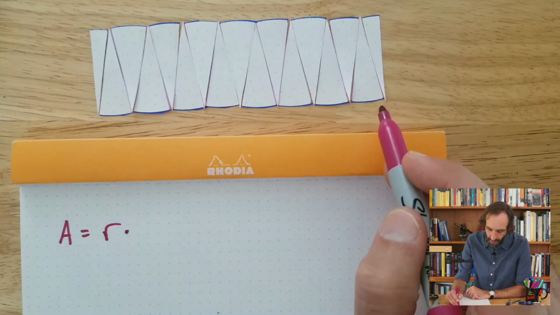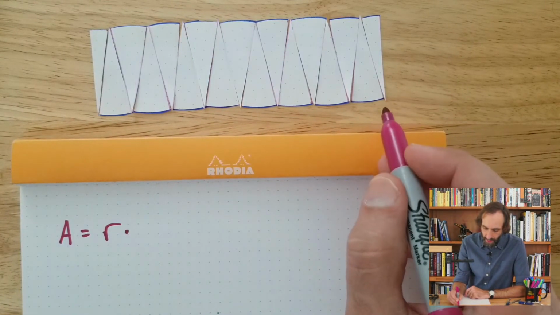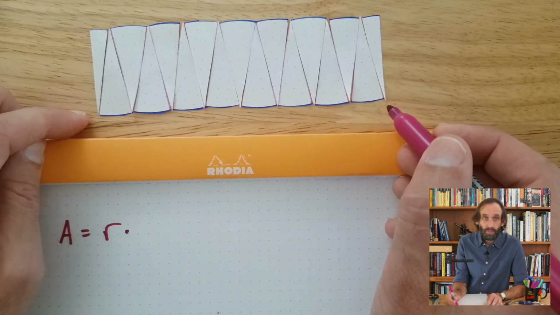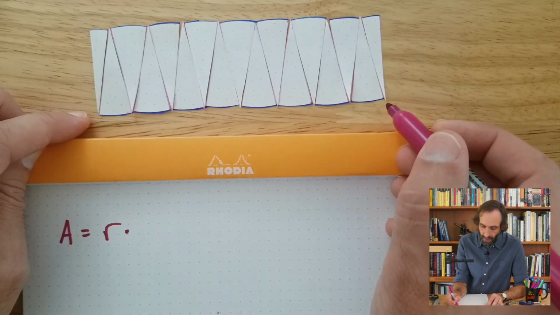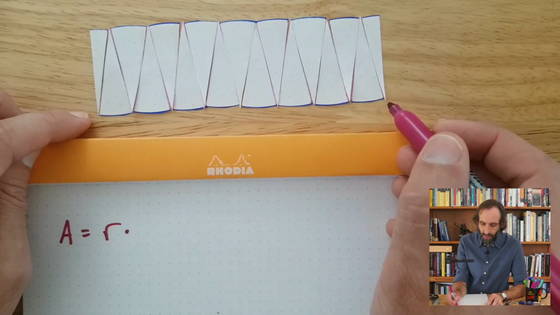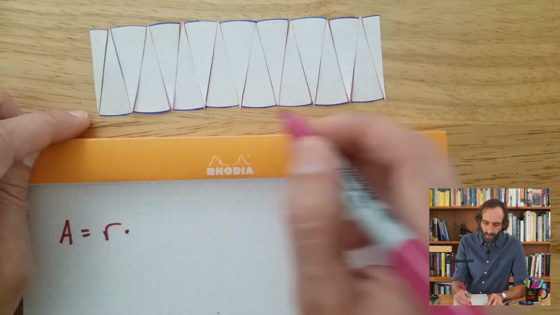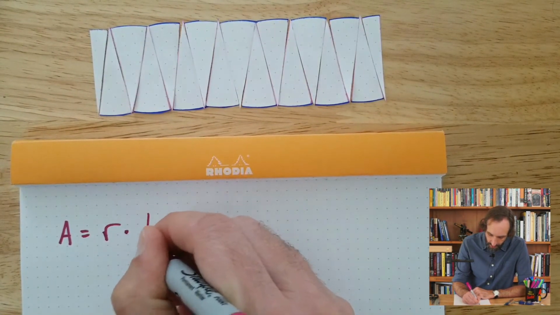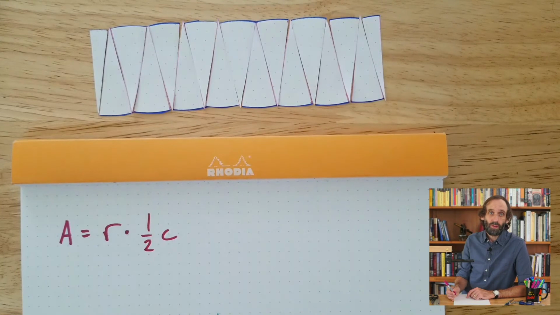This whole base right here is equal to half of the circumference. So if you know the circumference of the circle, you can take half of it, and that will be the length or the base of this rectangle. So I'll put in here 1/2 c for circumference.